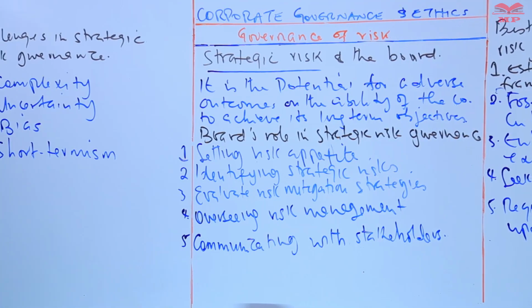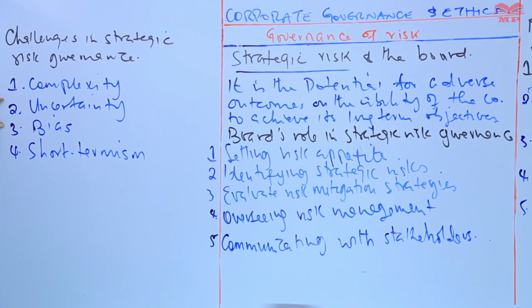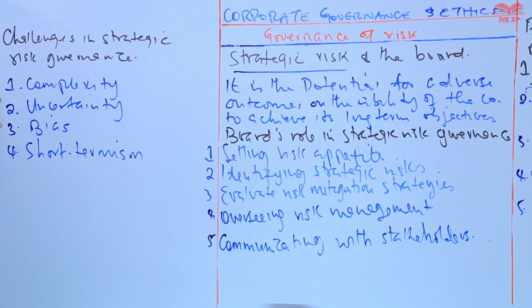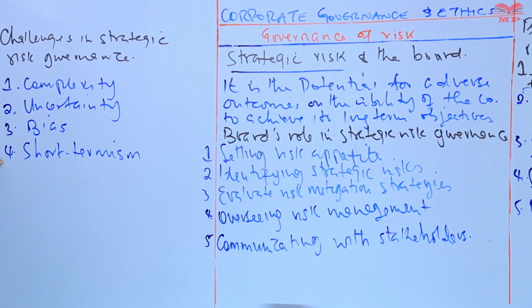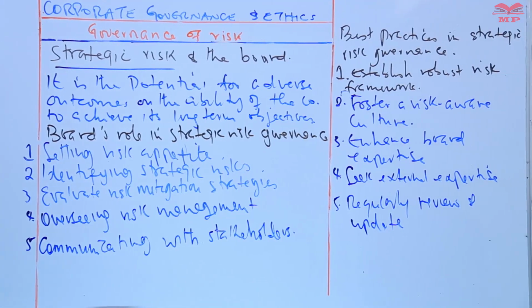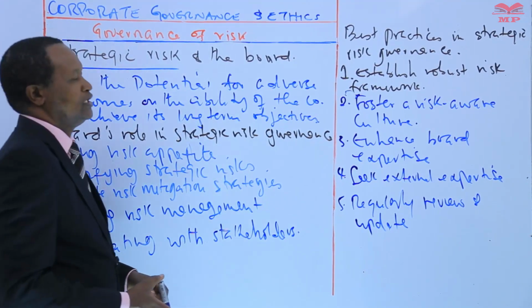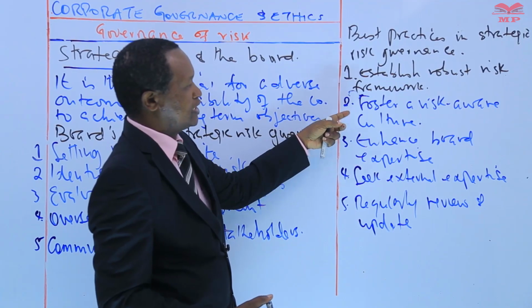Then we identified four challenges in strategic risk governance. One, complexity. Two, uncertainty. Three, bias. And lastly, short-termism. We've gone further to highlight some of the best practices. One is establishing a robust risk framework. Two, fostering a risk-aware culture.